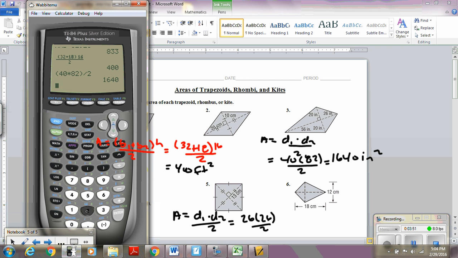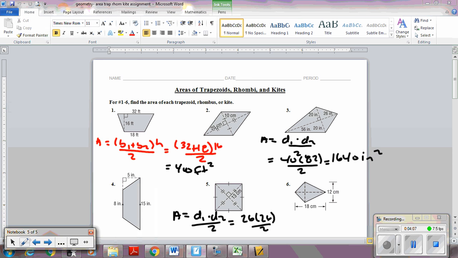So 26 times 26 divided by 2 is 338 centimeters squared.